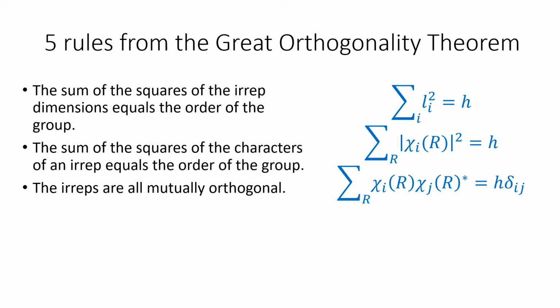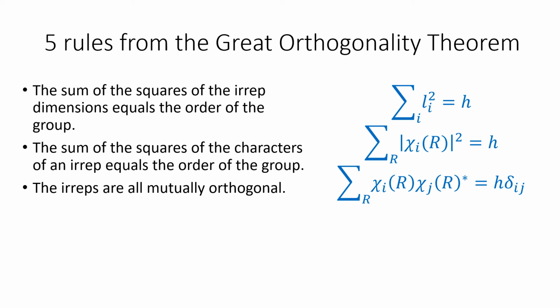And so what we've got here is taking these two different irreps, i and j, for all the different operations, so that's moving across the row, all the different operations in the particular group. If we take, for each operation, the character of an irrep i and multiply it by the character of an irrep j, then all of those products summed up for all the operations will give 0.